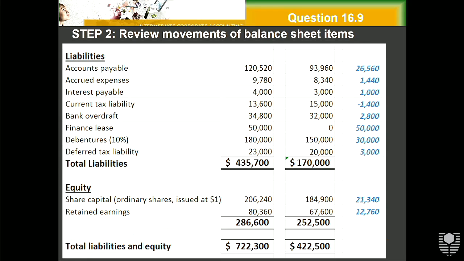Looking at your liabilities, you've got your accounts payable, accrued expenses, interest payable, your current tax payable. They're all operating related activities that we're going to have to include when we work out our cash payments to our suppliers and employees. The bank overdraft we've already accounted for when we looked at our cash and cash equivalents.